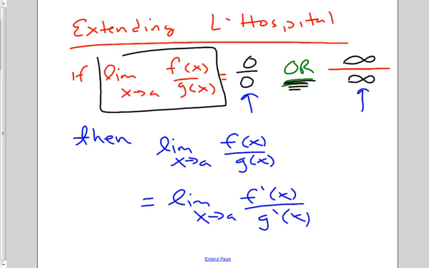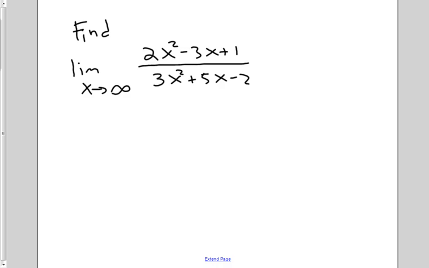So let's look at an example of this. We're looking at when x goes to infinity. If we were to plug infinity into this, we'd get infinity over infinity. So here's a case where we can use L'Hopital's rule. So let's take derivatives. This equals the limit as x approaches infinity of 4x minus 3 over 6x plus 5.